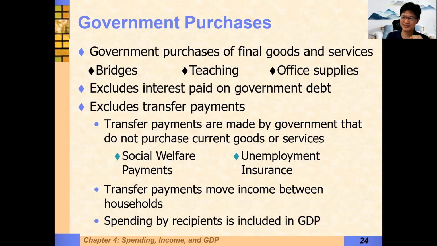Now think of what taxation is. Taxation is when the government gets money from households. So when money flows from the households to the government, that's taxation. But with transfer payments, money flows from the government to the households. So it's the same type of movement except backwards. So these transfer payments are considered negative taxation.